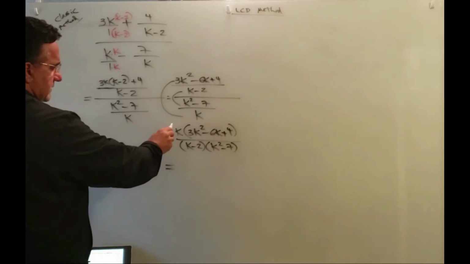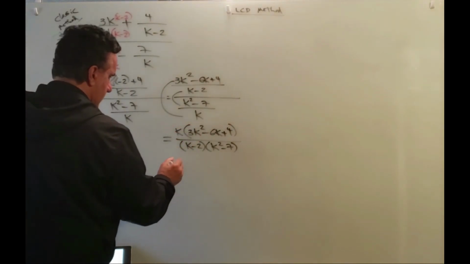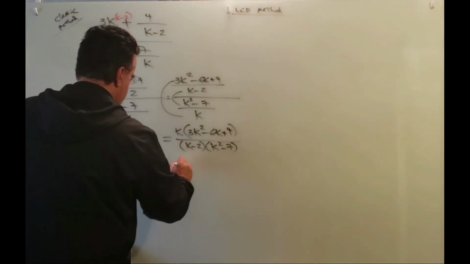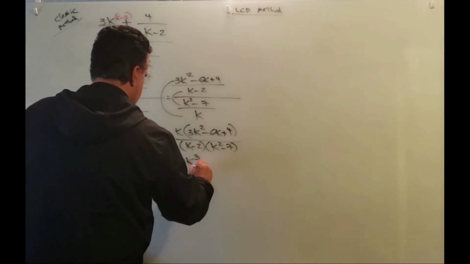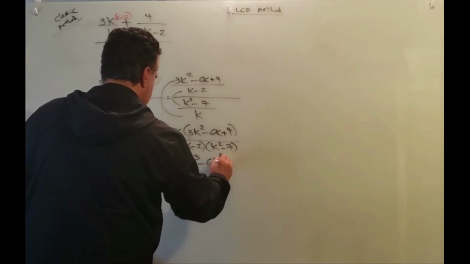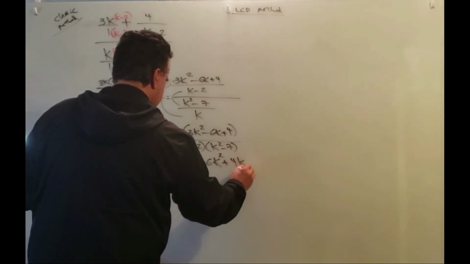So if I go ahead and distribute the k here, I end up with 3k cubed minus 6k squared plus 4k.